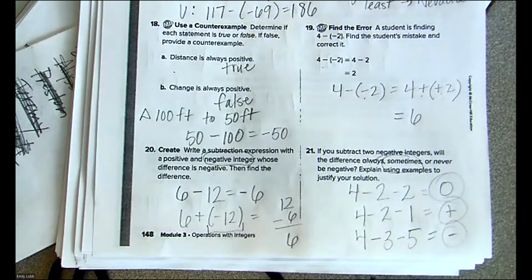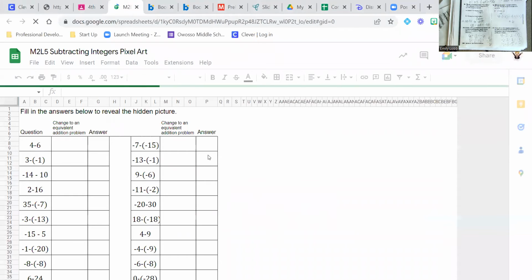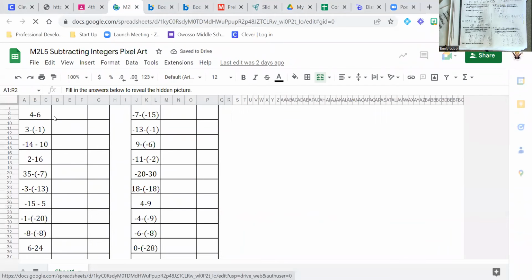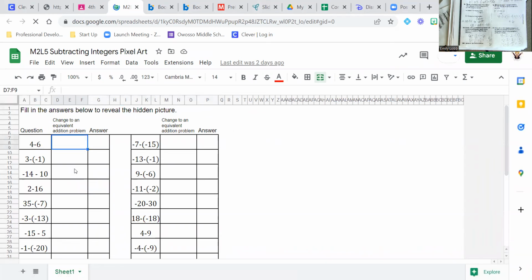Okay, so today we're going to practice using the pixel arts. So in your Google Classroom, you will see this pixel art. Okay, so 4 minus 6. So change to an equivalent addition problem.